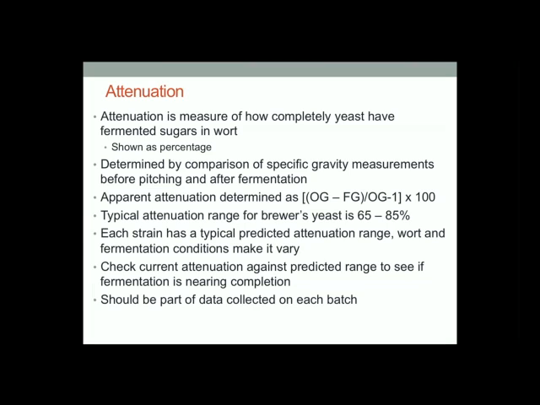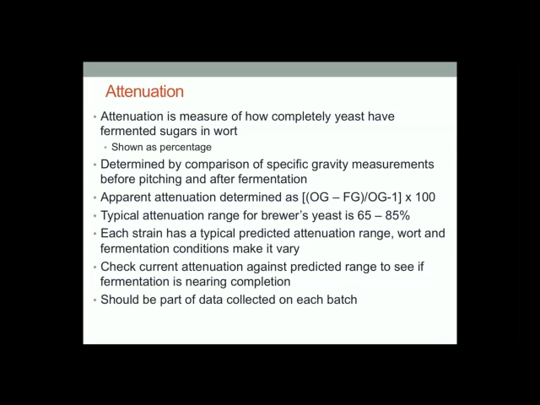Apparent attenuation is basically a measurement of how close the final gravity is to 1.0, which would indicate that all the sugars have been consumed, because, as you'll probably have learned, the sugars in the wort increase its density, its specific gravity.